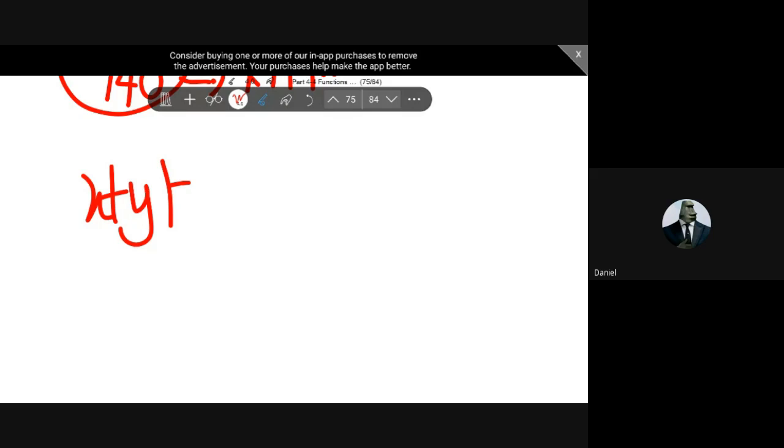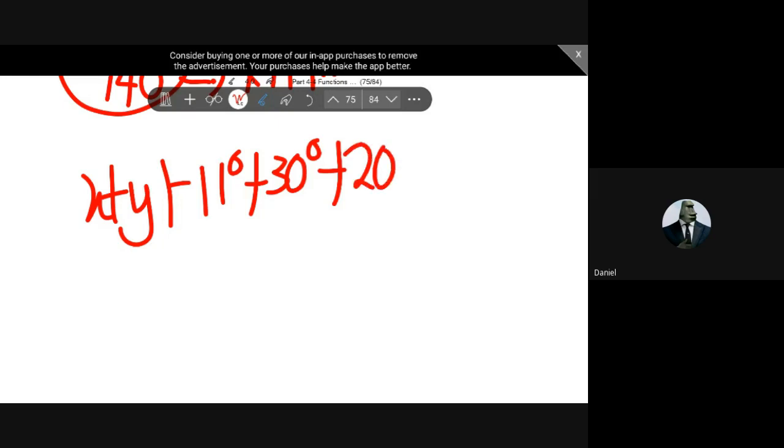Oh, X plus Y plus tadi apa nilai dia? 110. Ya, boleh. Jangan fix pada satu kaedah saja. You can use elimination, penghapusan, penggantian, substitution or metric pun boleh. Sebab soalan tak specify kaedah mana. Tak ada kaedah spesifik untuk selesaikan. Okay? So you are free to use any method.